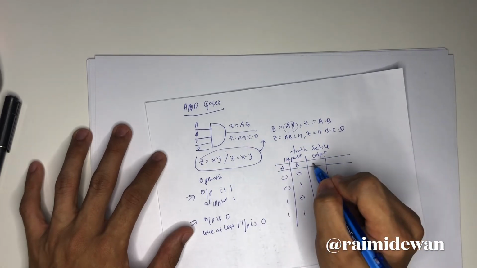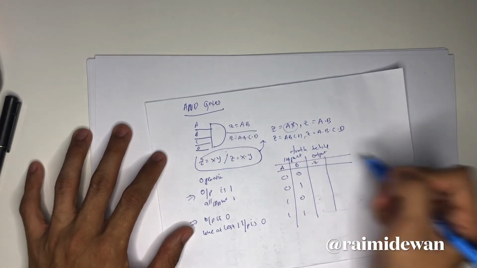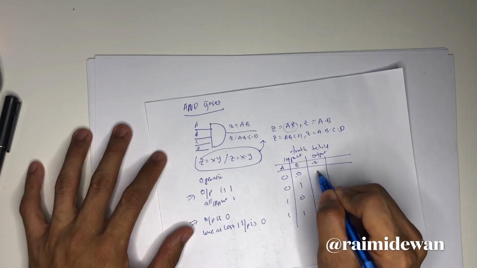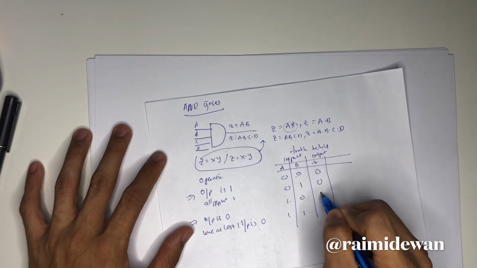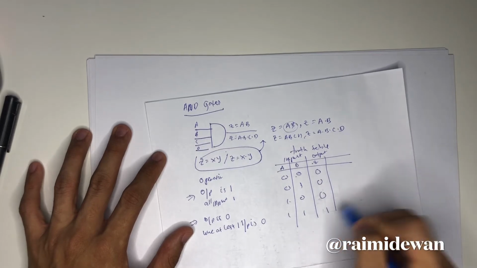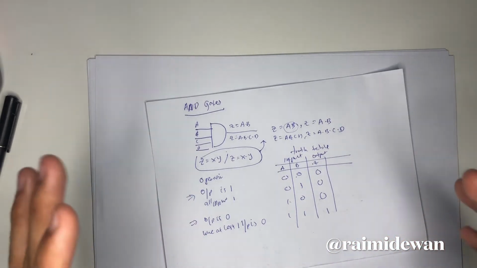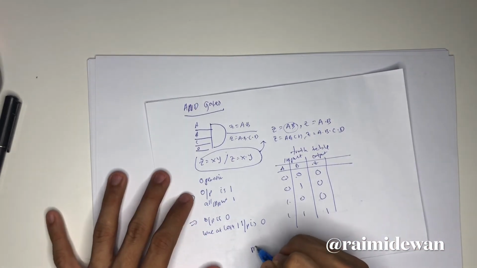This will be your Z as your output. So 0 0 will result in 0, 0 times 1 will result in 0, 1 times 0 is 0, and 1 times 1 is 1. Why am I using times? Because the AND gate performs logic multiplication.